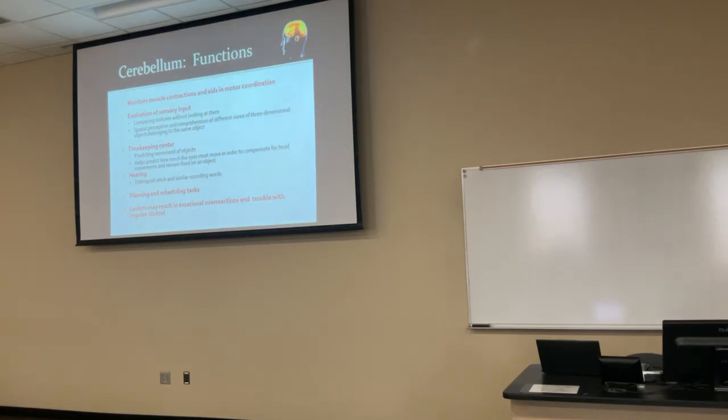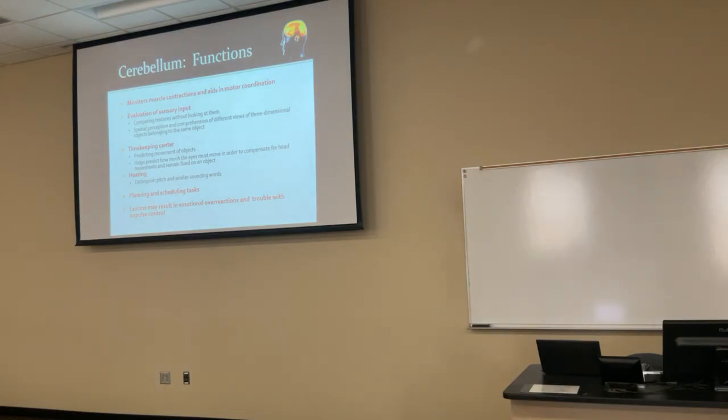Now, the cerebellum, as it turns out, actually integrates a number of important functions. One of the primary functions, which was the first one to be discovered, was the coordination of voluntary motor control.